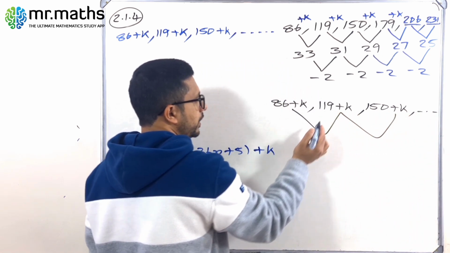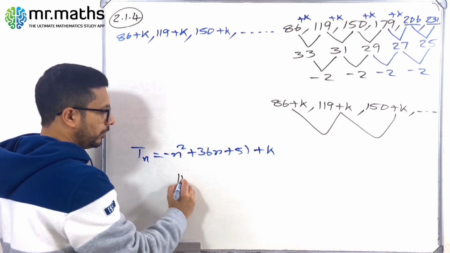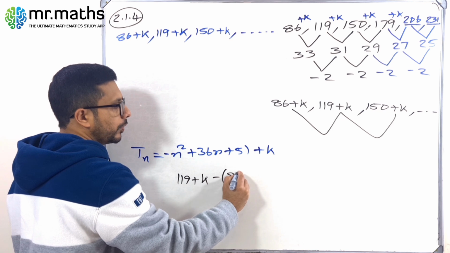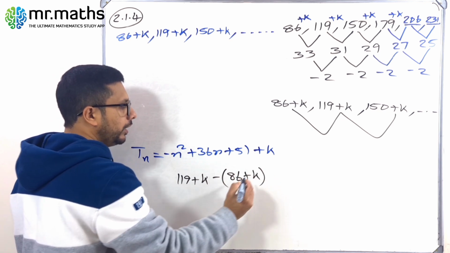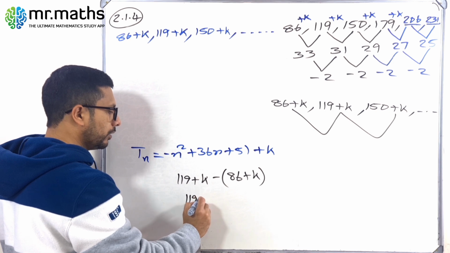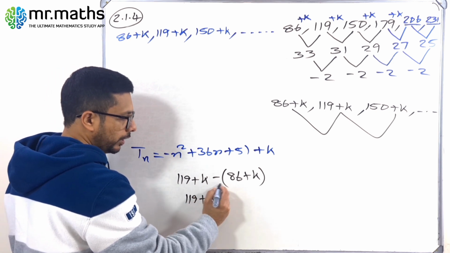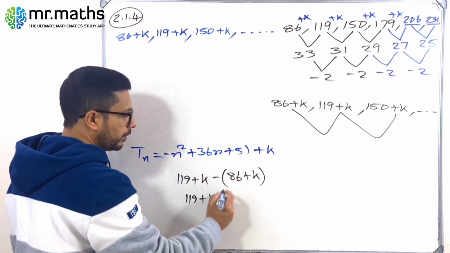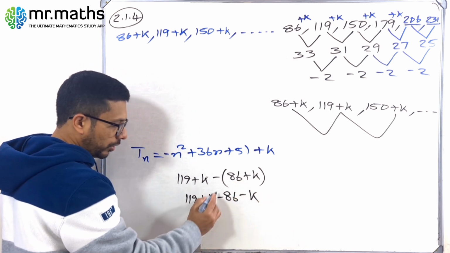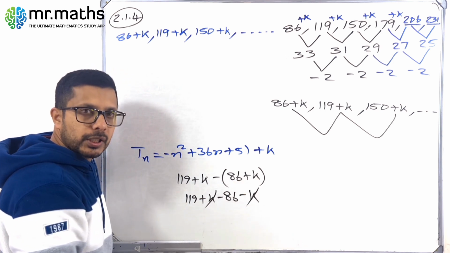So 119 plus k minus 86 plus k. So in effect, look at this one, 119 plus k, expand the bracket, minus 86, minus into plus k is minus k. Now you can see this minus k and plus k cancel.